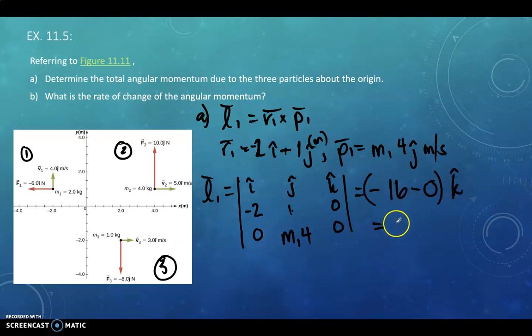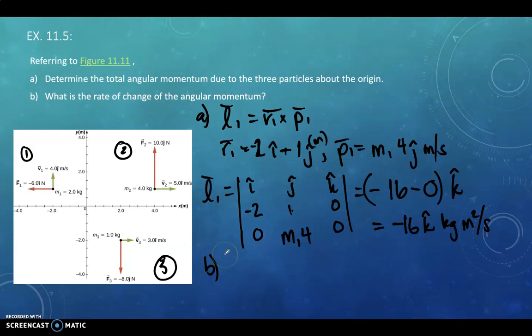So L1 is going to be -16 k hat, and it has units attached to it: kilograms meters squared per second. Does that look right? I believe it does. So this is L1.